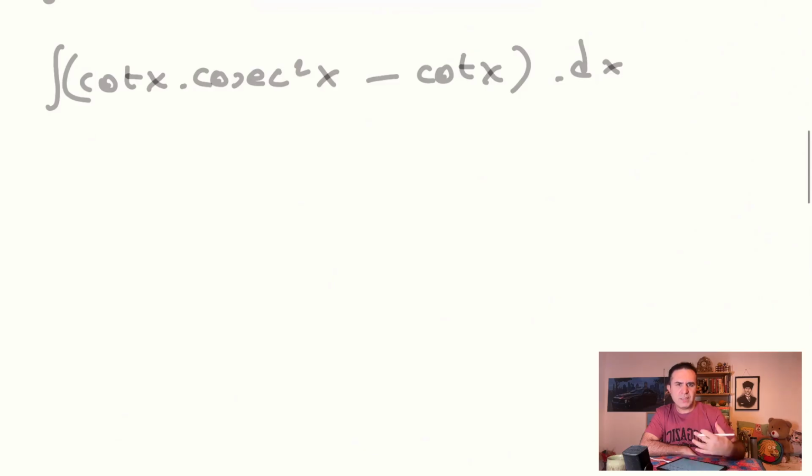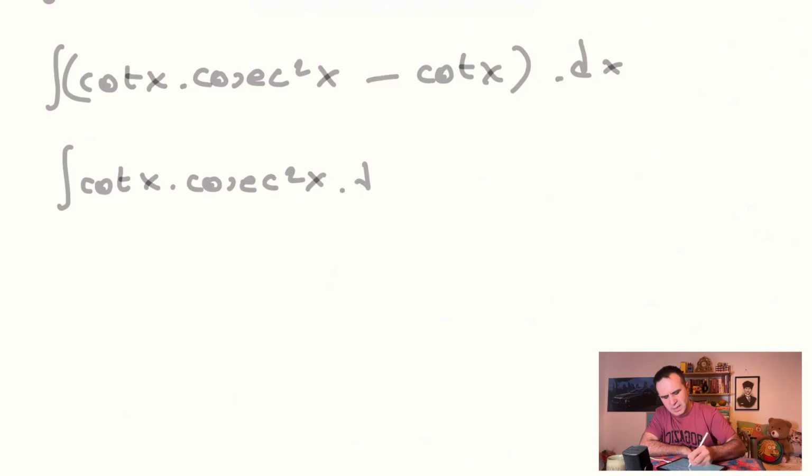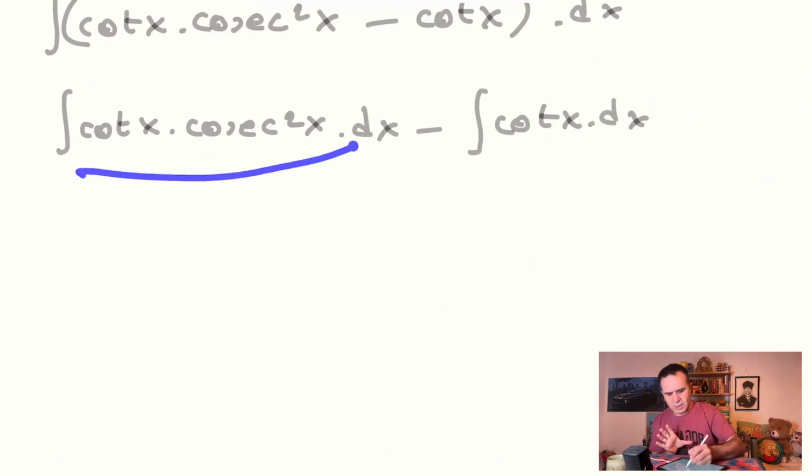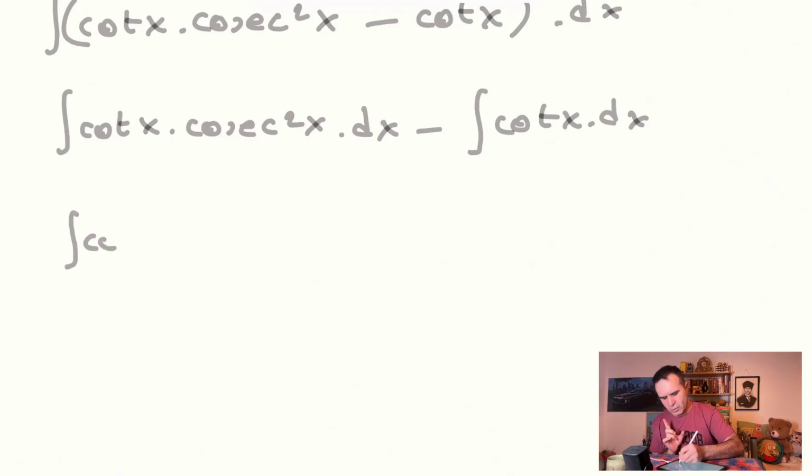And we can split this integral into two parts. This will become the integral of cotangent x times cosecant square of x dx minus the integral of cotangent x dx. We will solve these two integrals one by one. Firstly, let's solve the integral of cotangent x times cosecant square of x dx.